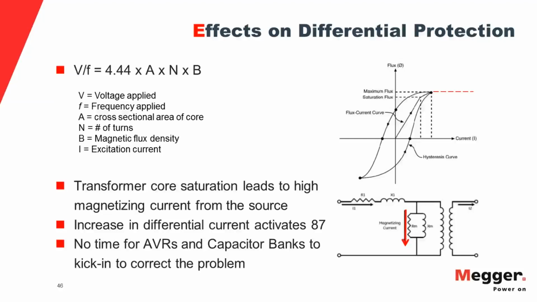But this over-excitation condition can be addressed by automatic voltage regulators and capacitor banks. These devices can correct the voltage and bring the system back to normal conditions. So there have to be different schemes for over-excitation and differential.